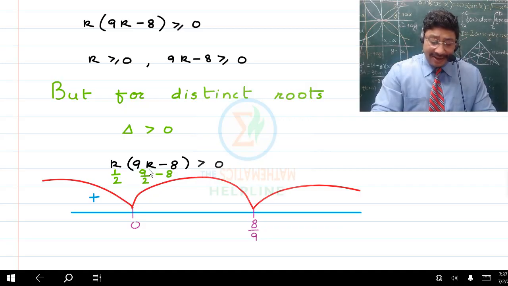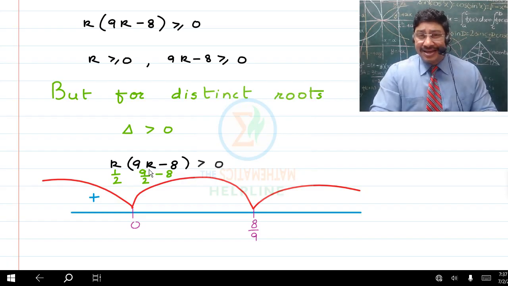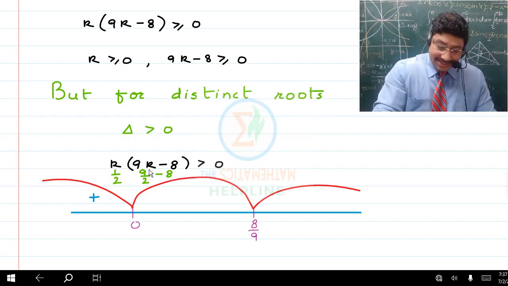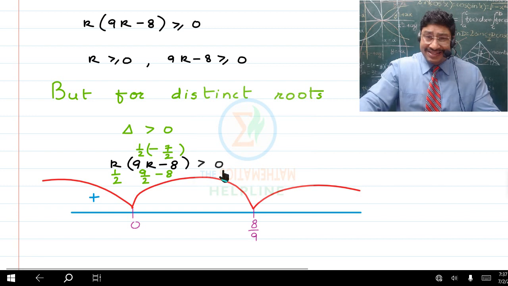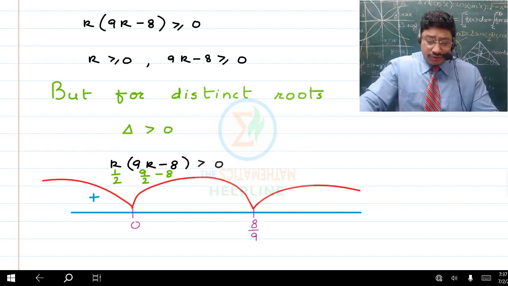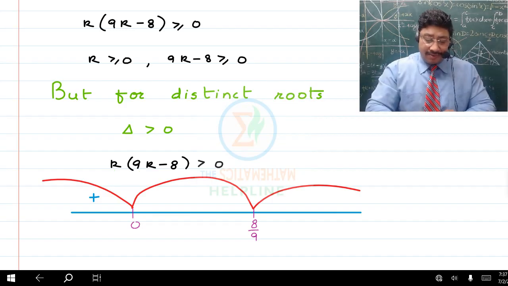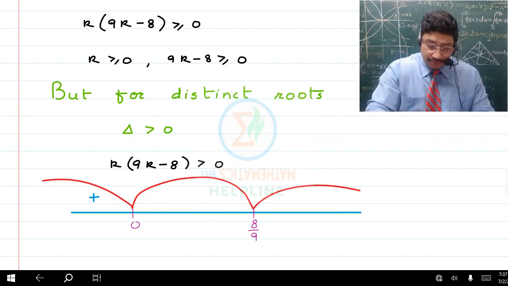This becomes 9 minus 16, so this becomes equal to minus 7 divided by 2, which is to be multiplied with 1 upon 2, and the product of both of these is going to be negative. That means it will be less than 0. As such, you can't accept it, and that is the reason why we will just be taking the portion which is on the left hand side of 0, that means the values which are lesser than 0, right? And thus this portion comes out to be negative.